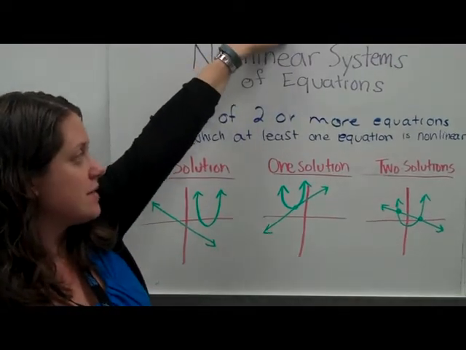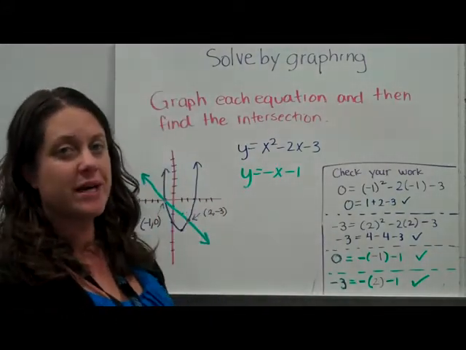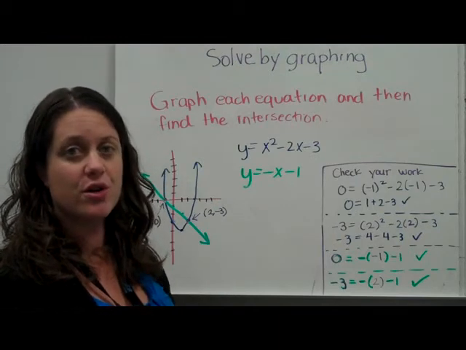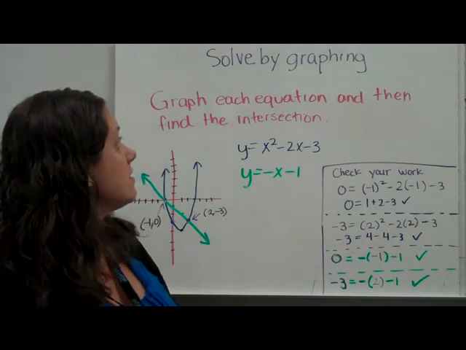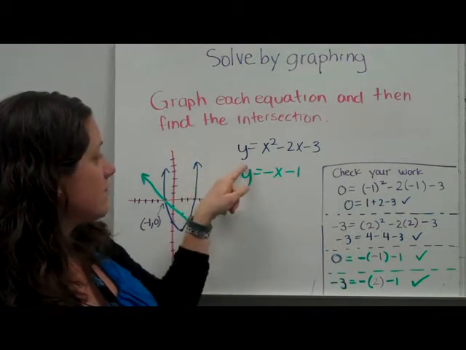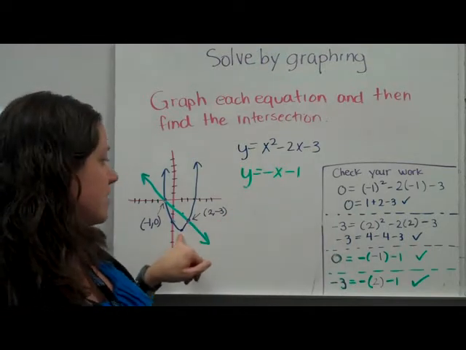So let's look at some examples. Just like before, one way that you can solve them is by graphing. I really never think this is the most effective method, but just to show you that you could do that: graph each equation and then find the intersection. So I have this first equation. The same way, I would find the vertex and plot the vertex.